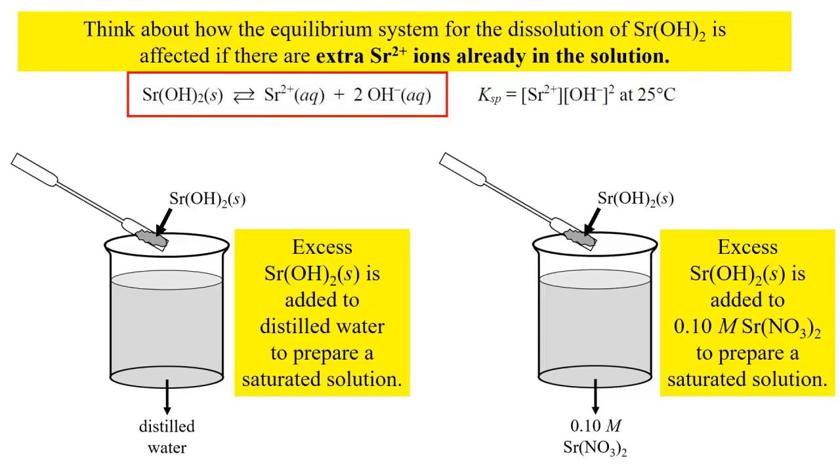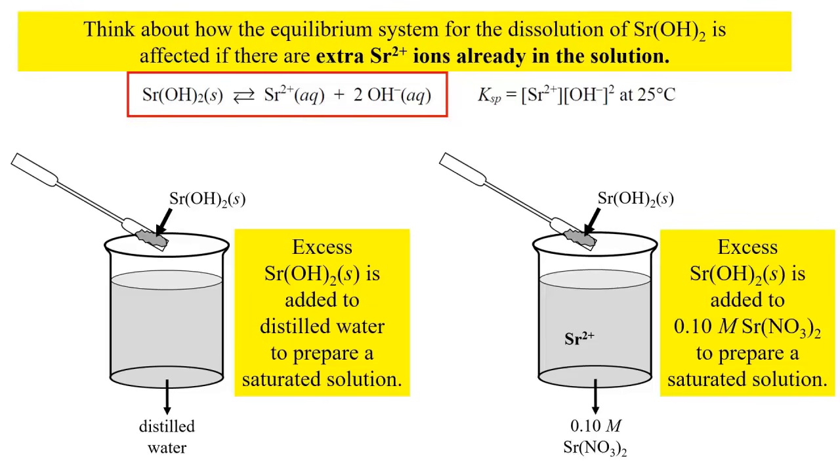So you should be thinking about how the equilibrium system for the dissolution of strontium hydroxide is affected if there are extra strontium ions already in the solution when that saturated solution of strontium hydroxide is prepared.